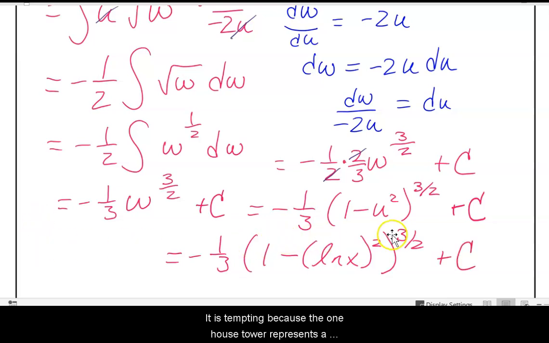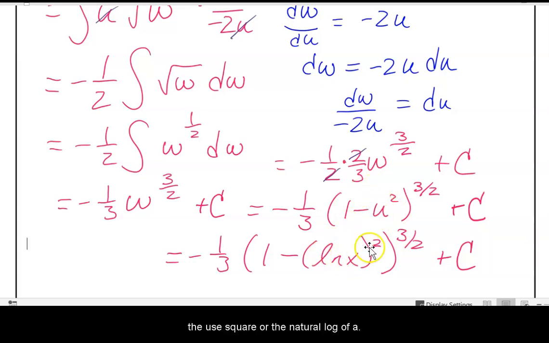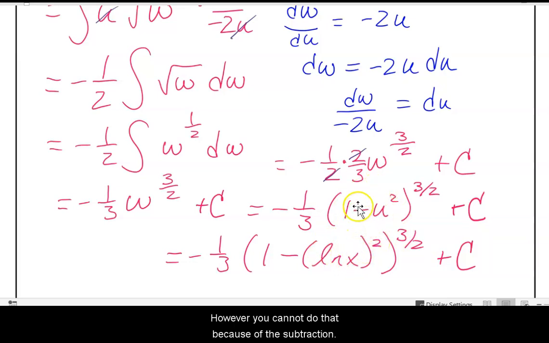It is tempting, because the 1/2 power represents a square root, to want to take the square root of the 1 and the u squared, or the natural log of x squared. However, you cannot do that because of the subtraction. That can only happen when you have strictly factors and divisors, things multiplied and divided. If you have addition and subtraction, hands off.